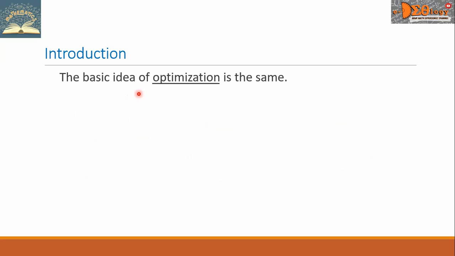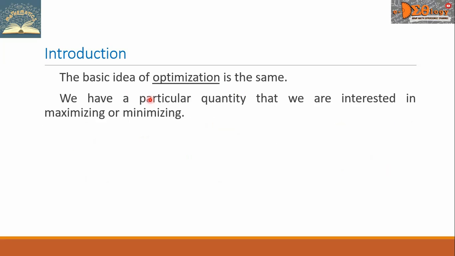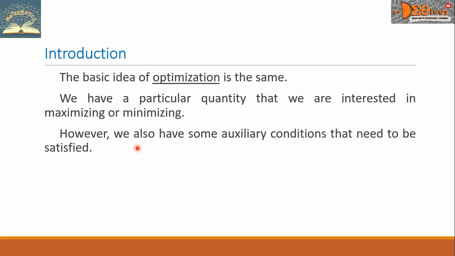The basic idea of optimization is the same. We have a particular quantity that we are interested in maximizing or minimizing. However, we also have some auxiliary conditions that need to be satisfied.